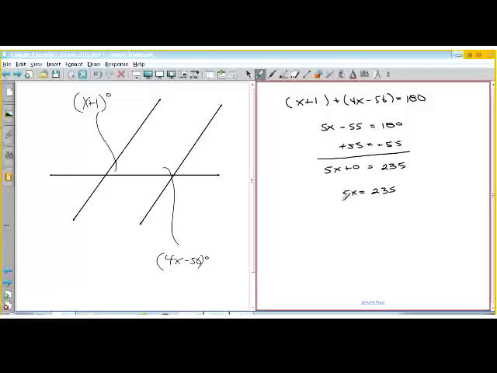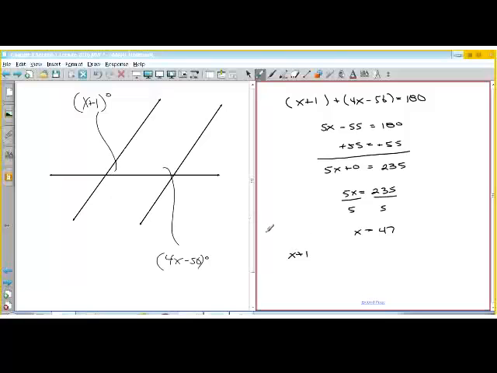So 5x equals 235. Divide both sides by 5. And I get x is equal to, oh, by 5. I divided by 4. 47.